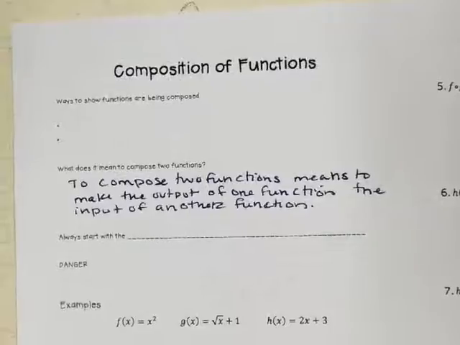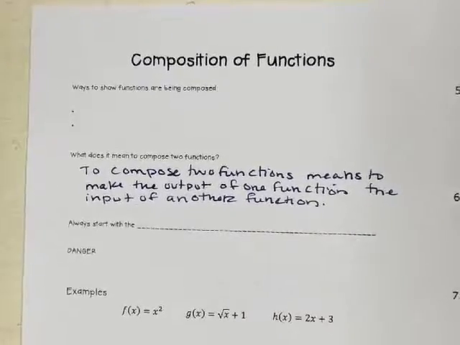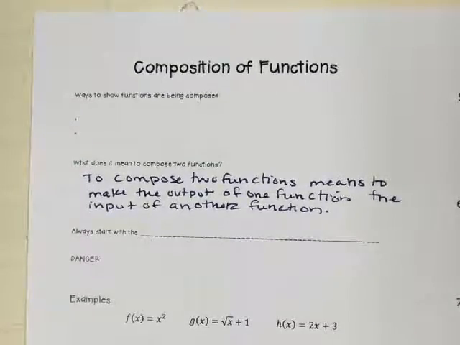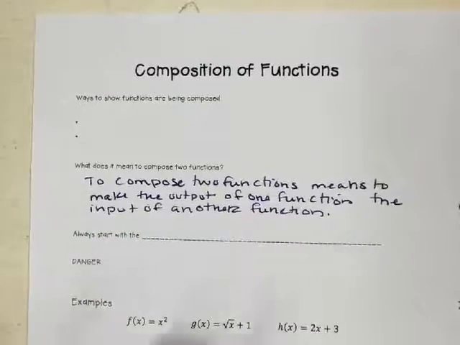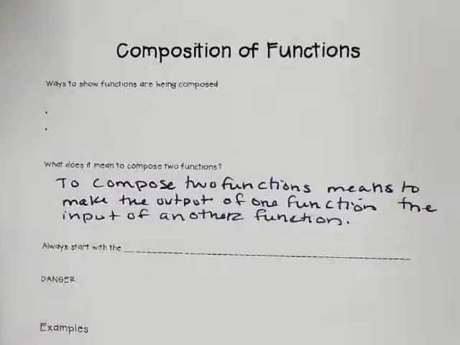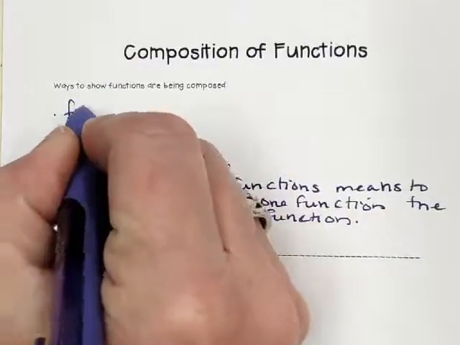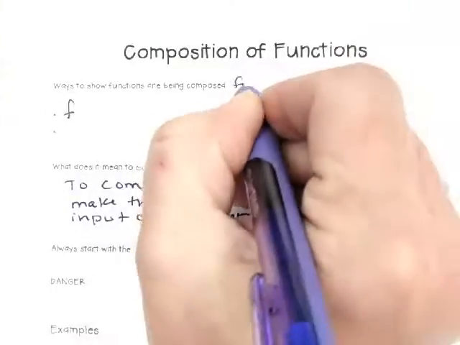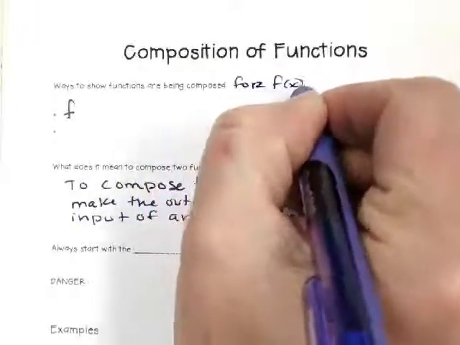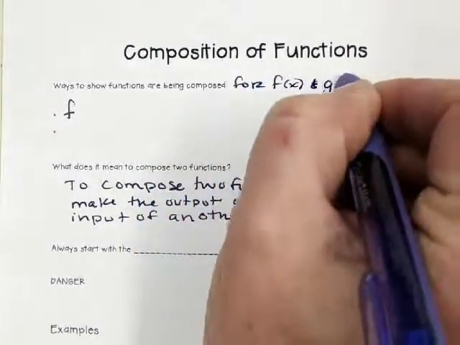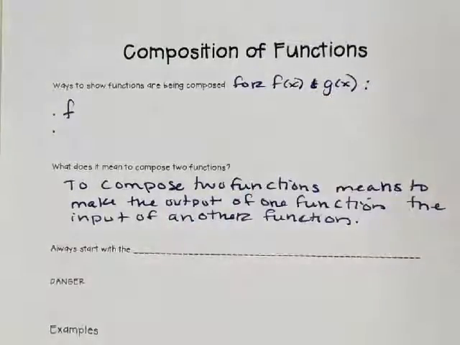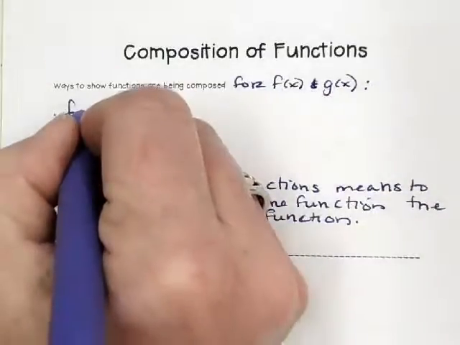Here's what the function notation looks like when you do function composition. You can see it two ways. The first one, I can zoom in on that a little bit. The way that you can show functions being composed, if you've got two functions, f of x and g of x, I can show the composition like this.